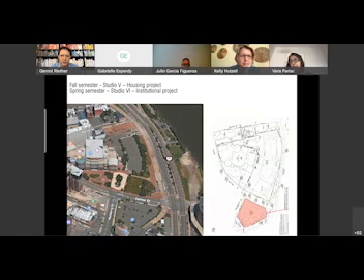Now, students used the same site for both of these projects. And what you see here is the site. It is near New Jersey Performing Arts Center, NJPAC. And students were asked and expected to analyze this site and to take into consideration from the very beginning both of these buildings, even though the second one was only designed in the spring semester.